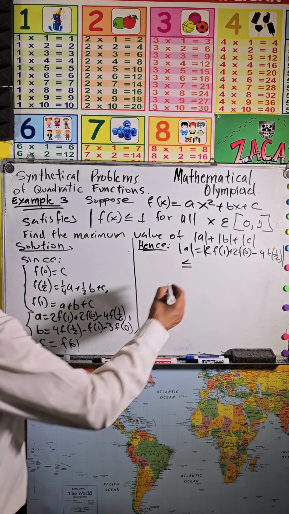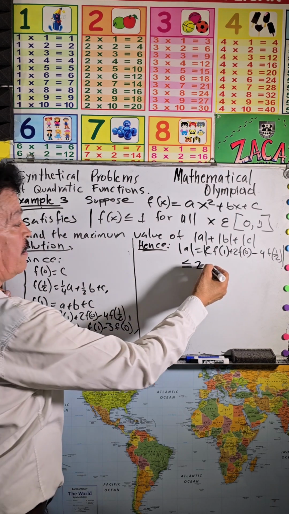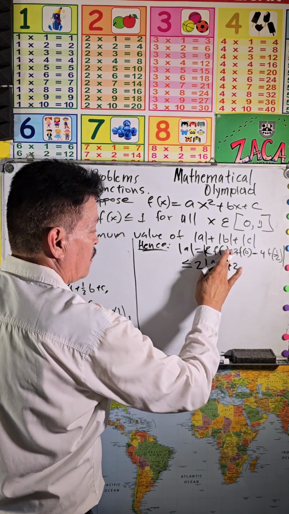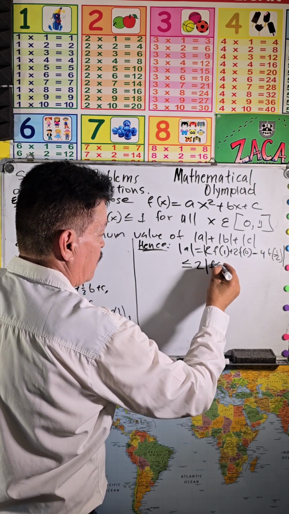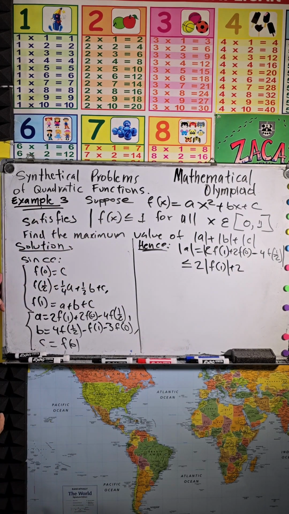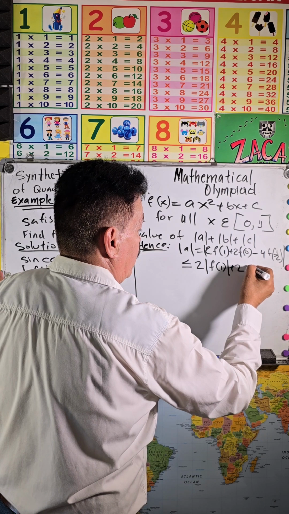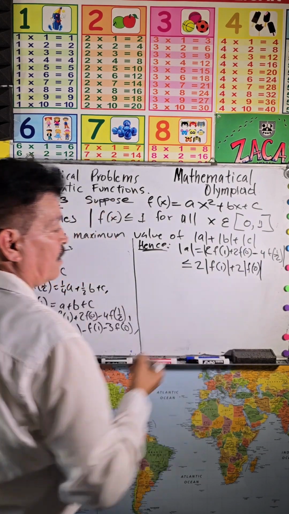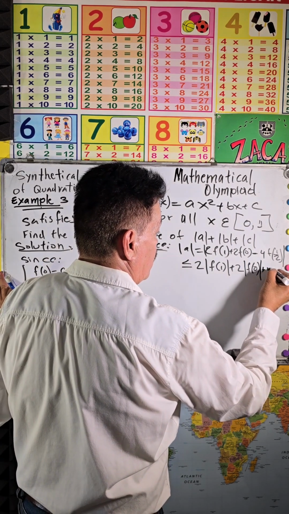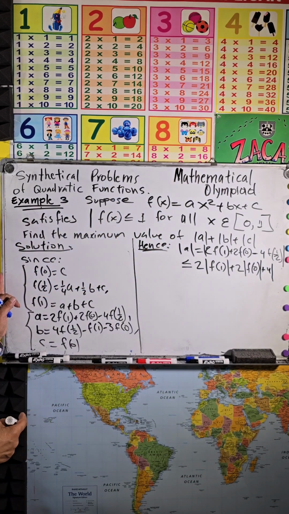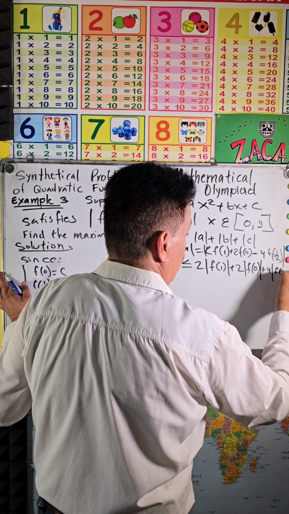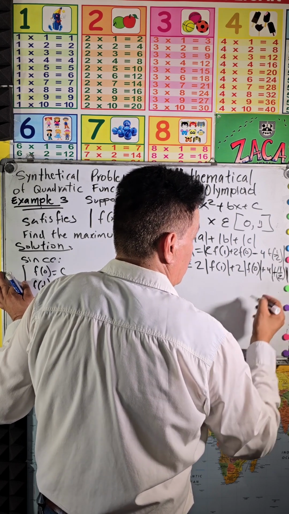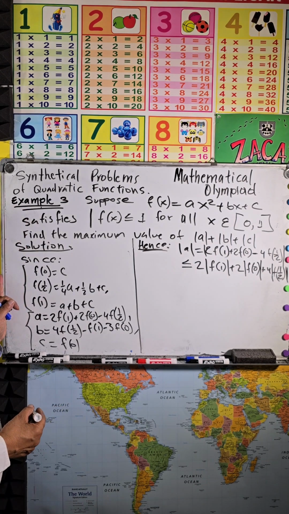If we simplify, we will have 2 less than or equal to 2 times the absolute value of f of 1 plus 2 times the absolute value of f of 0, plus 4 times the absolute value of f of 1 half. Close it.